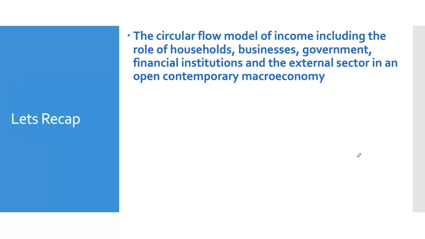But in summary, let's recap a very complicated topic, or I think a complicated topic, the circular flow model of income. And what do we need to understand? We need to understand there are 4 flows. The first one being from households to businesses: the households provide resources. The second one being businesses provide a flow back to the household in terms of income.